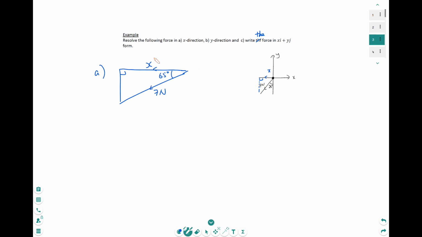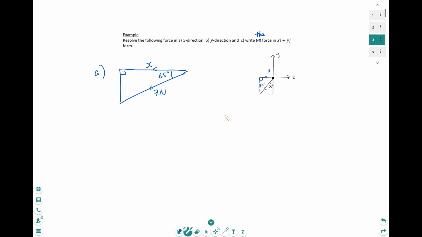Also notice the direction of x is going left, because in order for 7 Newton to be going downwards on the left-hand side, like a southwest direction, x must be going to the left, to the west direction.